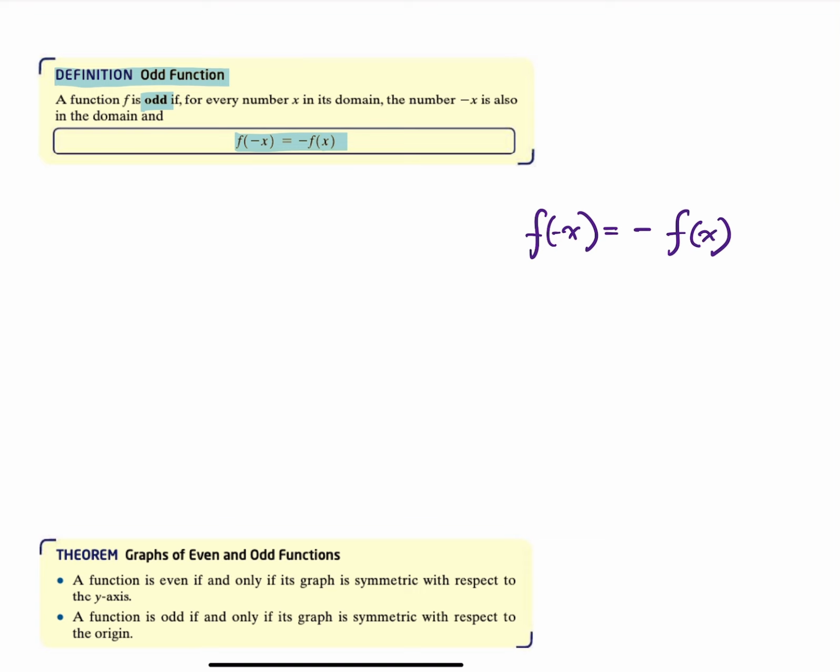Meaning when we plug in the negative version of our input, we get the opposite sign of our output. So let's see an example. A simple one here would be x cubed. So we'll say f of x equals x cubed.